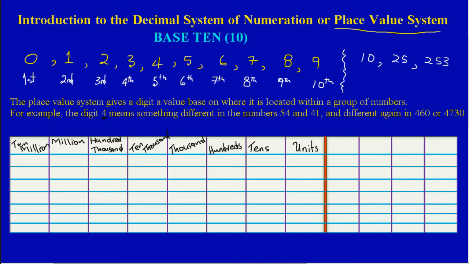Now to the right of my decimal point, and remember this vertical orange line represents my decimal point, I will have my tenth column. It spells tenth with a TH. Now this would be my hundredth column.